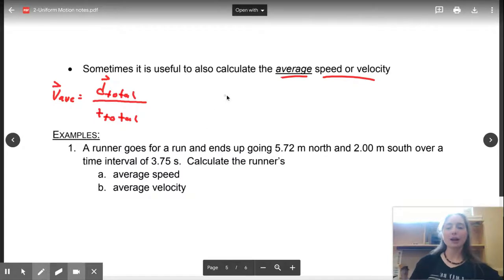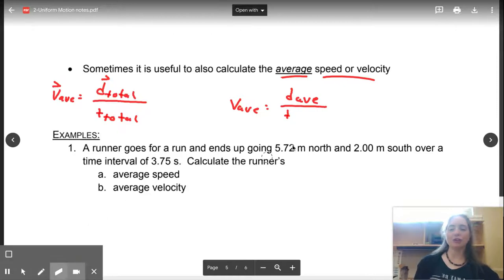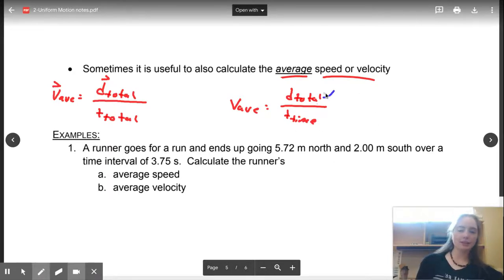And average speed is total distance divided by total time. So watch out for that. This is distance, and this is displacement.